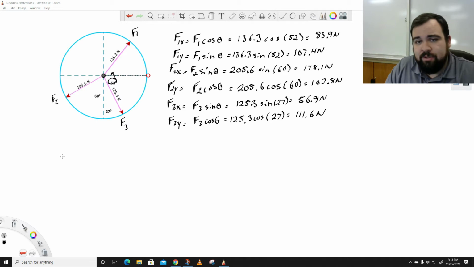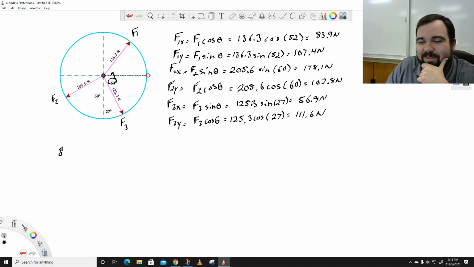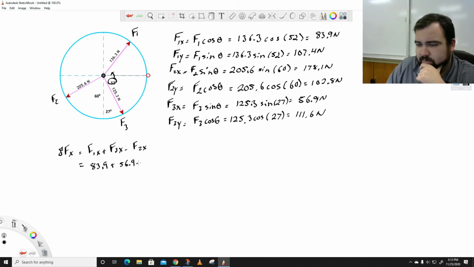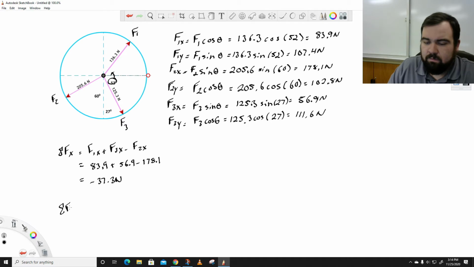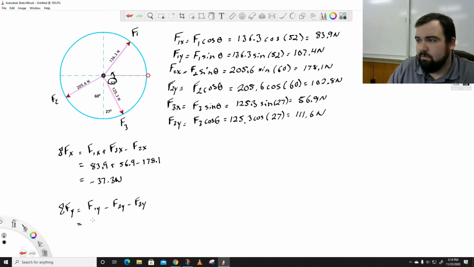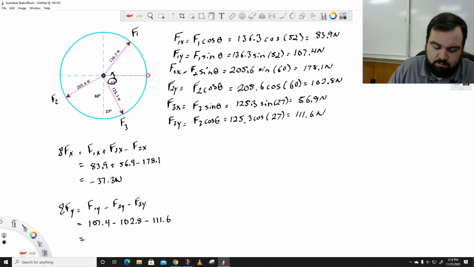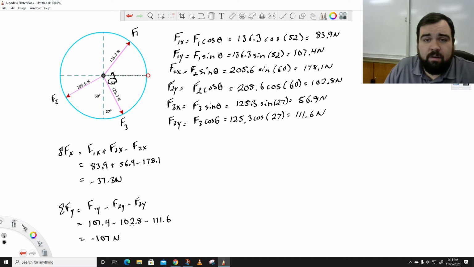Check and make sure that yours match up. And there we have our component values. We have negative 37.3 newtons and negative 107 newtons.